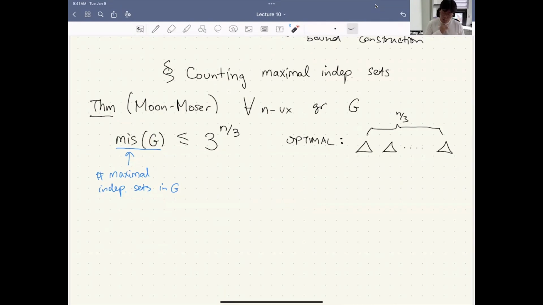In this example, we have lots of triangles. Naturally, one might want to ask, if we don't have triangles, can we then improve this bound? The answer is yes. This is proved by Hujter and Tuza. We can improve this bound exponentially from 3 to the n over 3 to 2 to the n over 2.